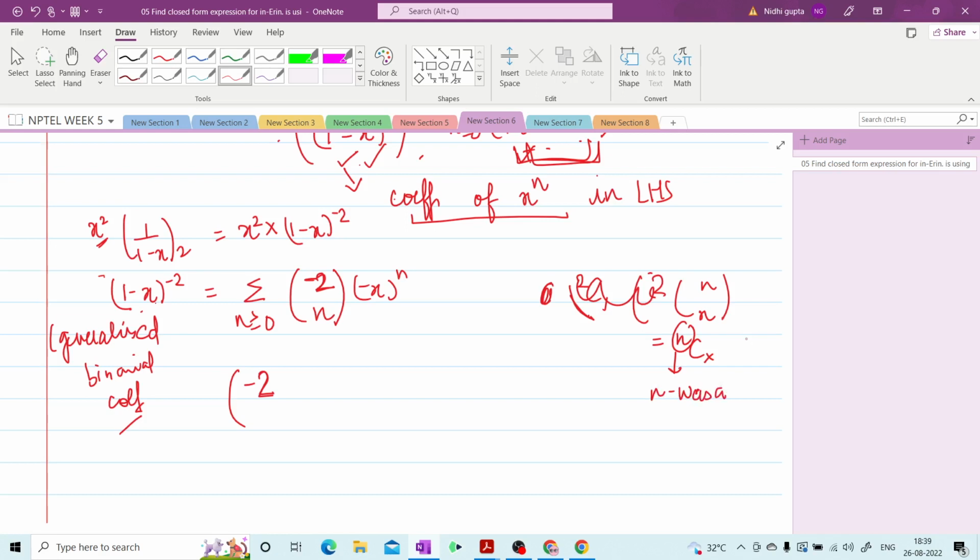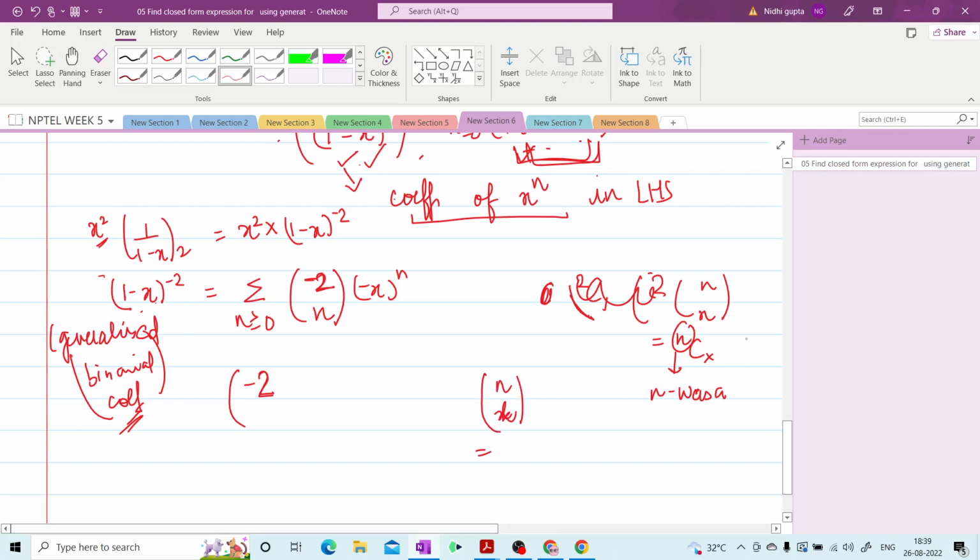So what does the generalized binomial coefficient do? What is your n choose k? If you open it up, it is basically n factorial by k factorial by (n minus k) factorial. Now when your n is not a natural number, factorial doesn't make sense.